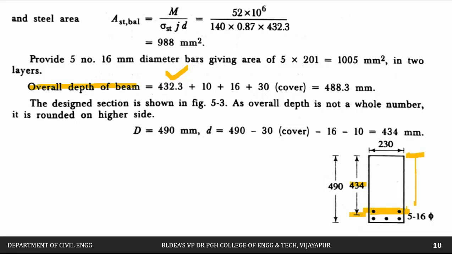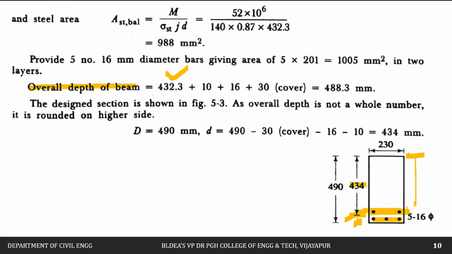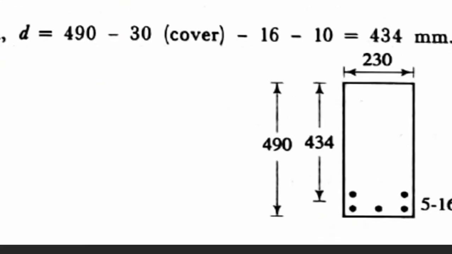Then next, if you take this 20 mm spacing, so plus 10 has to be added, plus the diameter of the bar, plus clear cover has to be added. Up to this center is 434, that is the effective depth. From this center till this reinforcement, we have a clear distance of 10 mm, total 20 mm.